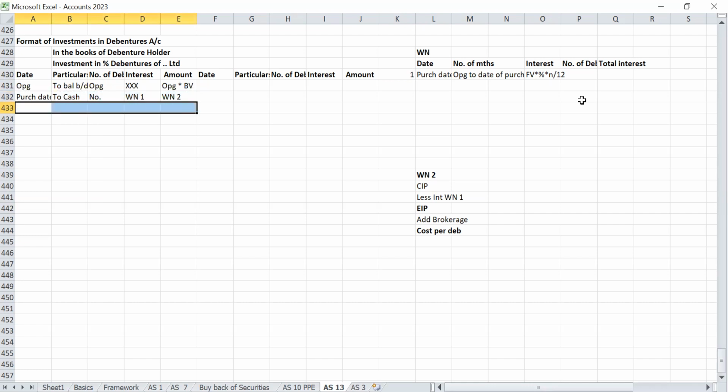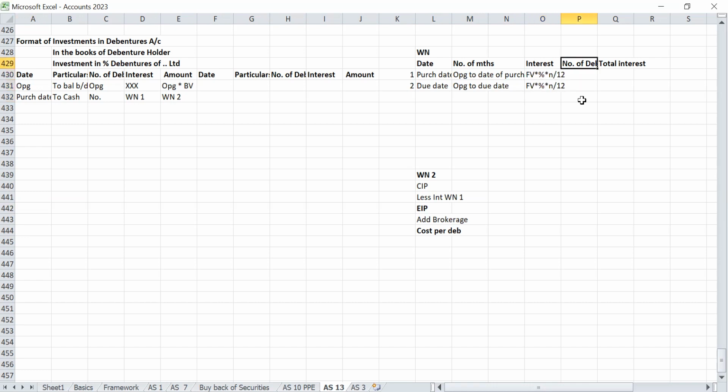That will be repeated at each purchase date. Then when the company is paying interest on the due date: opening to due date, face value into percentage into 6 by 12.